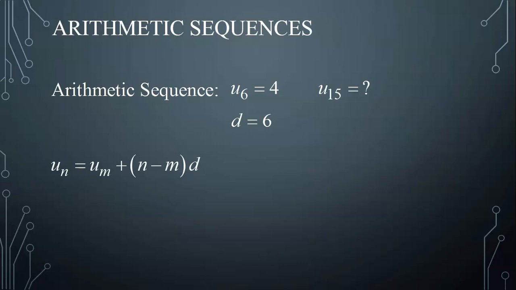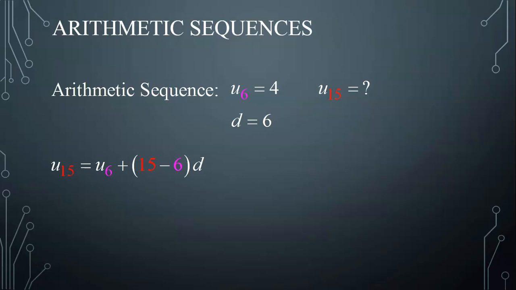So Un is in fact equal to Um plus n minus m times D. Now, the bigger index, which in this case is 15, is n. So n is here equal to 15. The smaller index, which in our case is 6, is m. So m in our case is equal to 6.